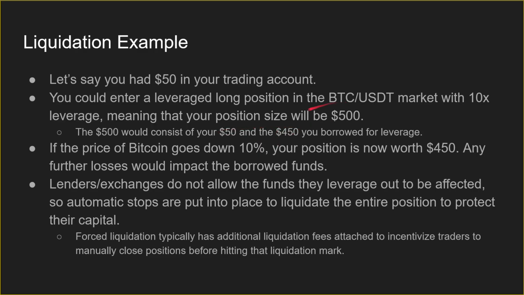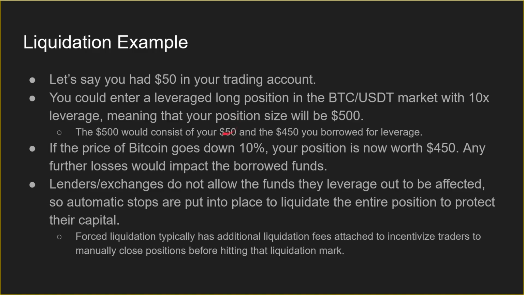If the price of Bitcoin were to go down, it probably would not even have gone down to 450 because that's too much of a risk for the exchanges. They probably would liquidate the account maybe at 9 or 8% depending on the exchange, and this will vary depending on the size of margin as well, and I believe account history can play a role as well.